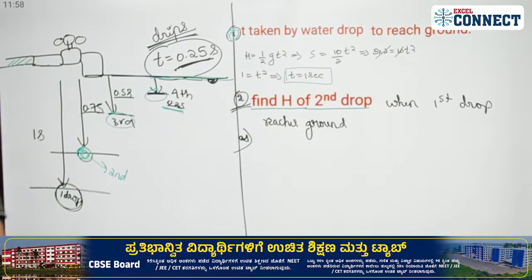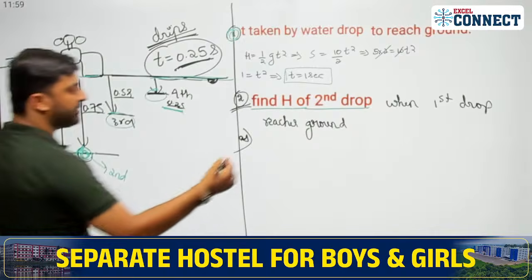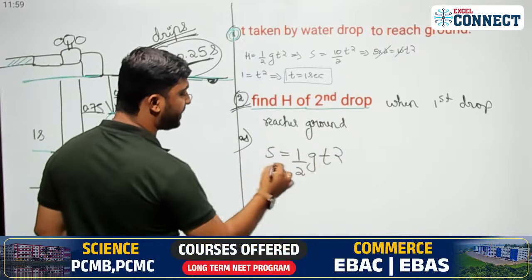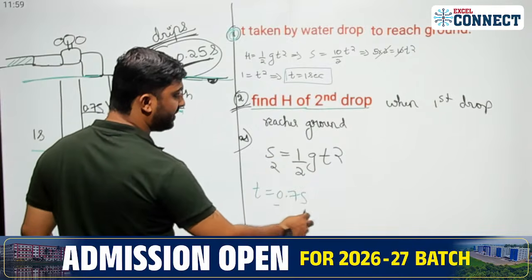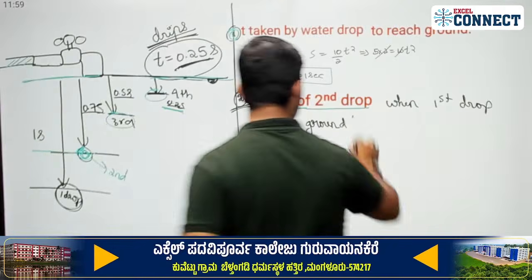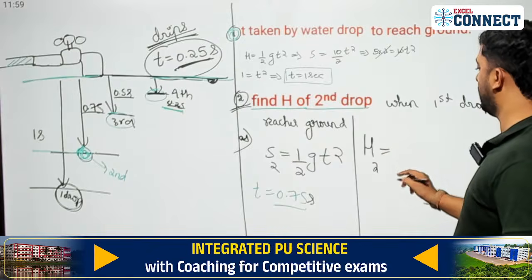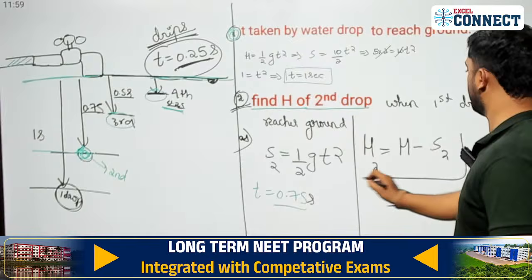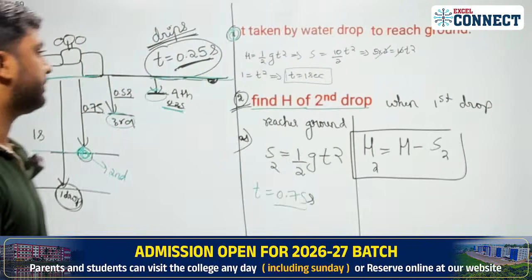So now you have to calculate the height of second drop. What is the distance traveled by second drop? It is half g t square. What is the time taken? It is 0.75 second. So if you want to find the height of second drop, it is total distance minus distance traveled by second drop. This is a formula which you can use.